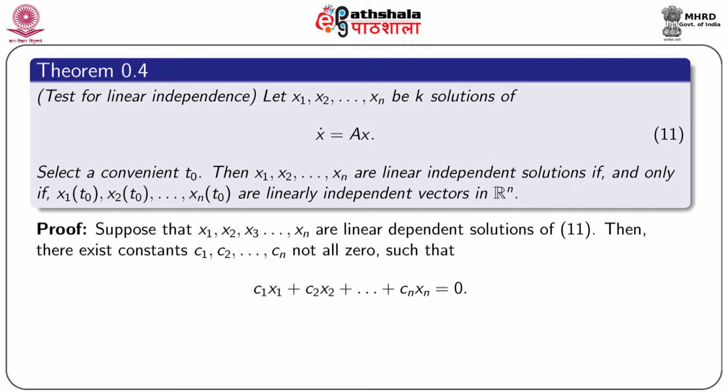The proof: suppose that x1, x2, ..., xn are linearly independent solutions of (11). Then there exist constants C1, C2, ..., Cn, not all 0, such that C1 x1 + C2 x2 + ... + Cn xn = 0.